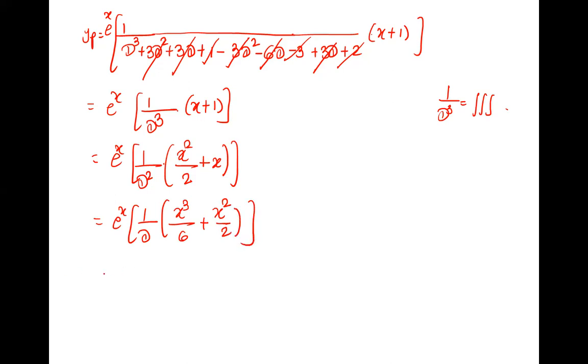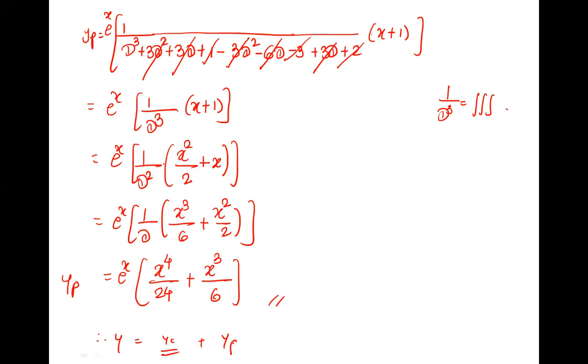Last, the final integration: x raised to 4 upon 4 into 6, that is 24, plus x cube upon 3 into 2, that is 6. This is your yp, done. So finally add yc and yp for the general solution. Got it? Yeah, correct.